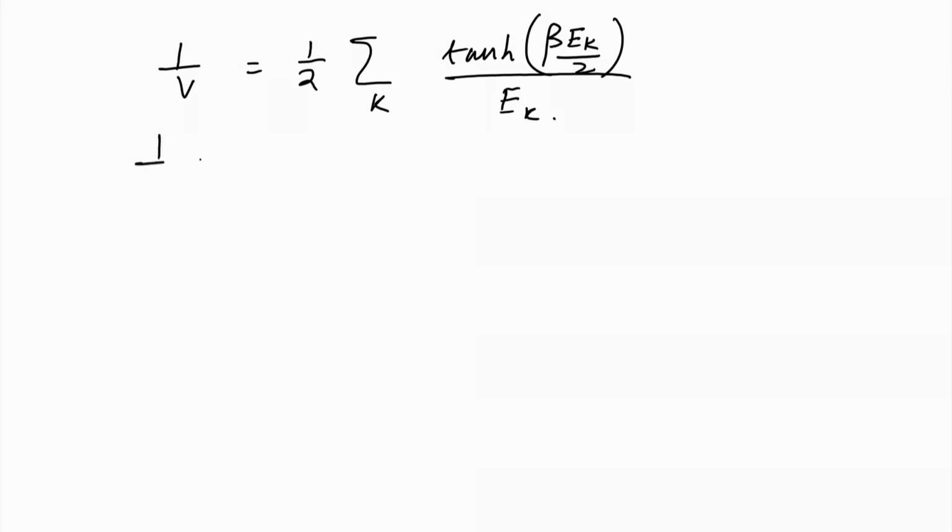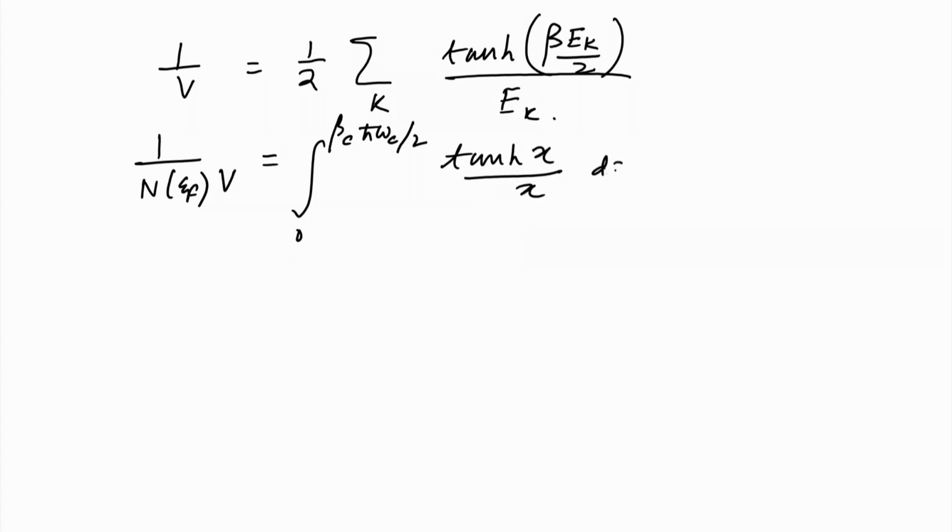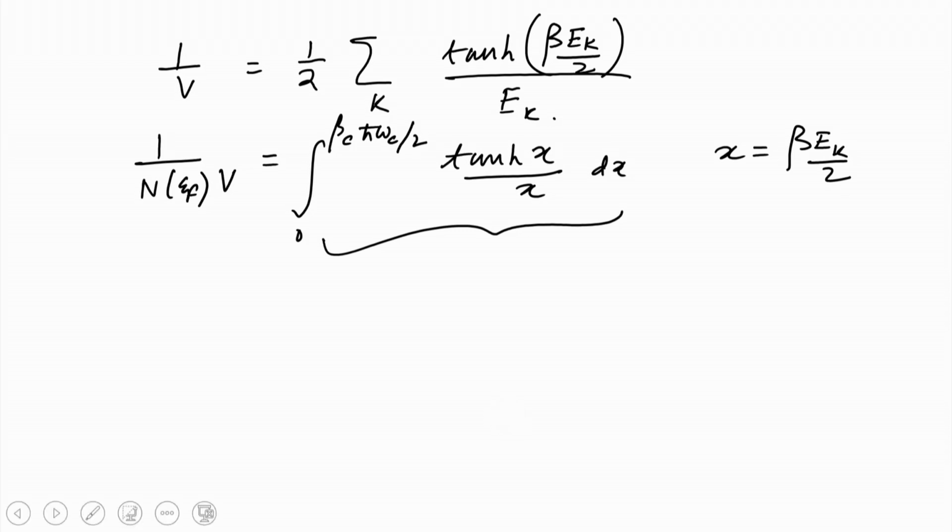So, this is equal to a 1 in this and a 0 to beta C h cross omega c by 2 tan hyperbolic x by x dx, where x equals beta Ek by 2.